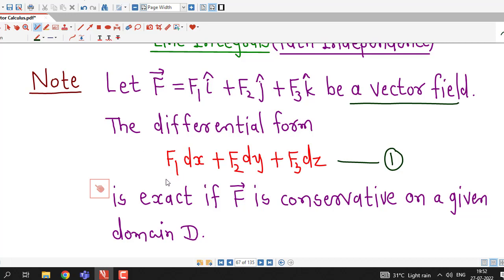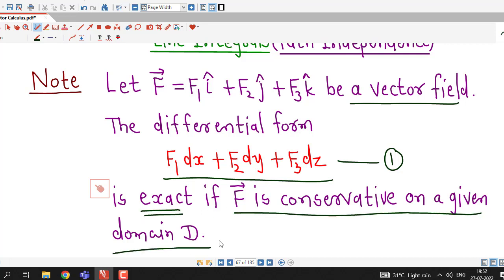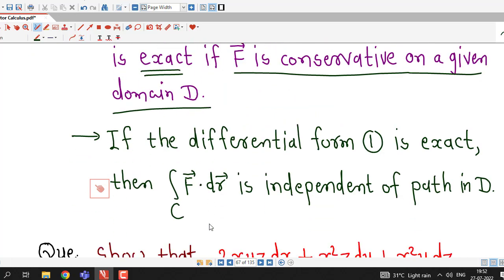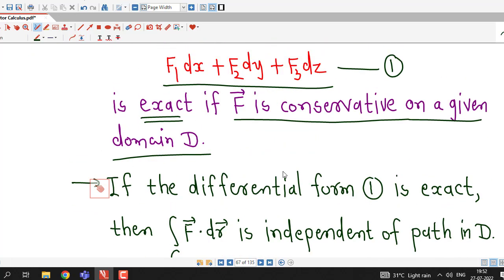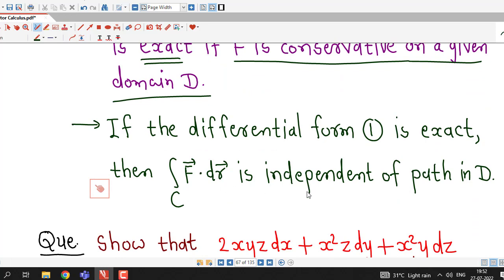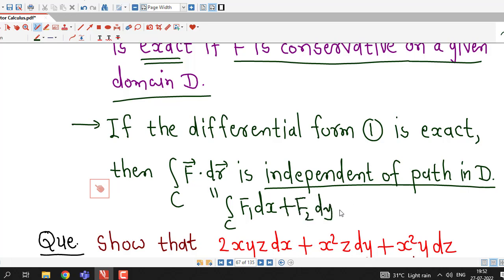The differential form f1 dx plus f2 dy plus f3 dz is exact if F bar is conservative on a given domain D. And if the differential form is exact, then the line integral is independent of path in the given domain D. This line integral we can write in this way also: F bar dot dr bar is f1 dx plus f2 dy plus f3 dz.